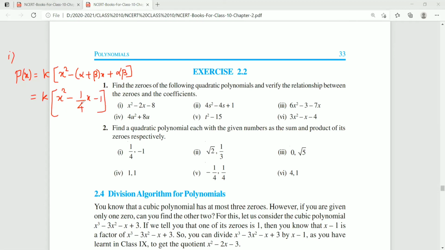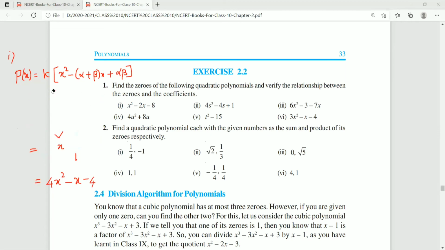Since we have denominator 4, we can take the k value as 4 and now we can multiply inside. This is just to have the answer without any fractions. So when you multiply inside, you get 4x square minus x, 4 will get cancelled, and here 4 into minus 1 is minus 4. Next question.